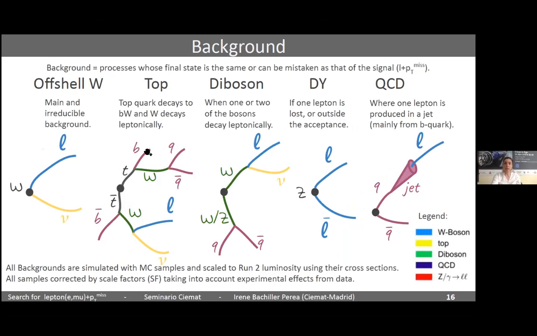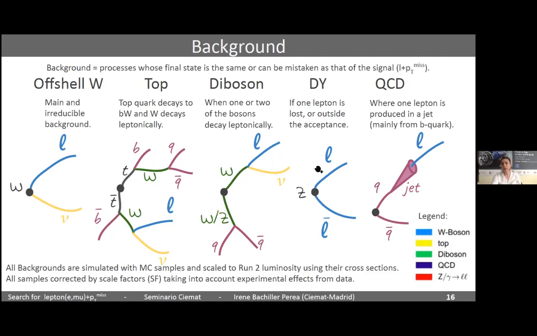The top decays into a b and a W. So if one W decays leptonically, we have again the same signature. Same as in the diboson process. If one of the bosons or both decay leptonically, then we have the same signature.